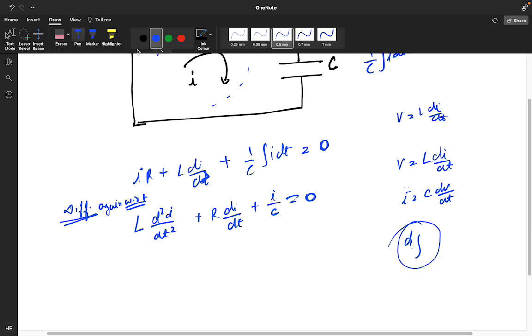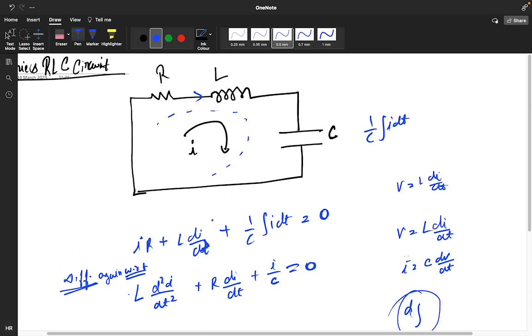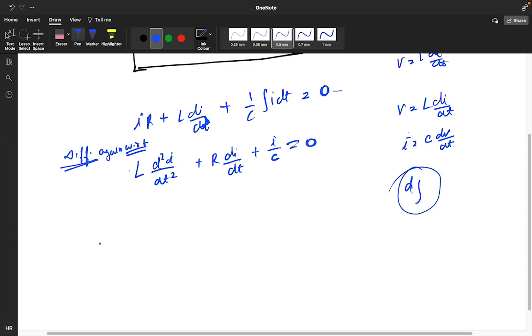Now you need to know one thing: conversion to the S domain. So can you repeat that equation once again? See, this first equation you understood. This is my IR plus L di by dt plus 1 by C integration of I dt equals 0.